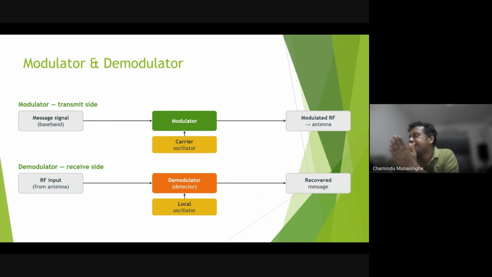And then it generates the modulated RF, and the modulated RF is not just one frequency, it's a spectrum of frequencies, right? So then with the demodulator, on the receiver side, we use a local oscillator. Sometimes, for some modulation types, we don't even need a local oscillator, but we typically use one to be efficient. But we'll discuss those things later. And then we get the recovered message.